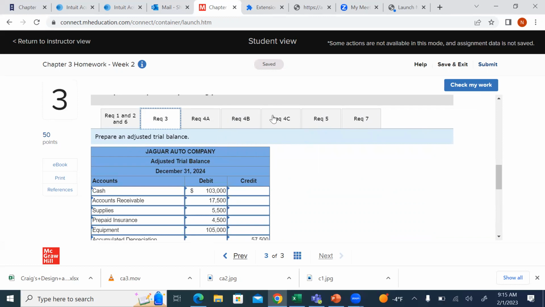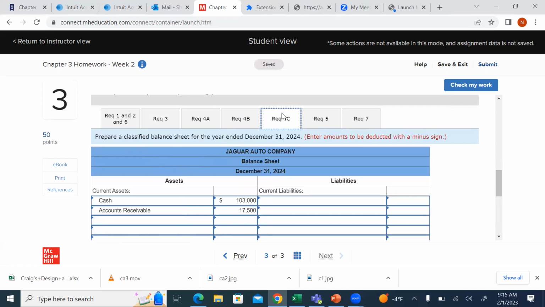Supplies of 5,500, prepaid insurance of 4,500.